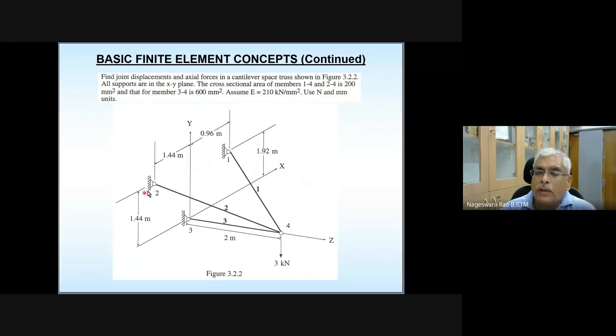At node 2 you are going to have U2, V2, W2. Similarly at node 3, node 4. So at each node you have 3 degrees of freedom. 4 nodes are there, so if you want to write the global equation system, it's going to be of size 12 by 12.